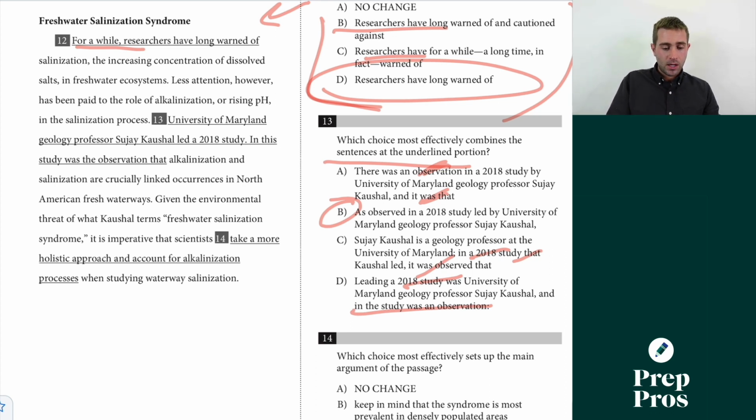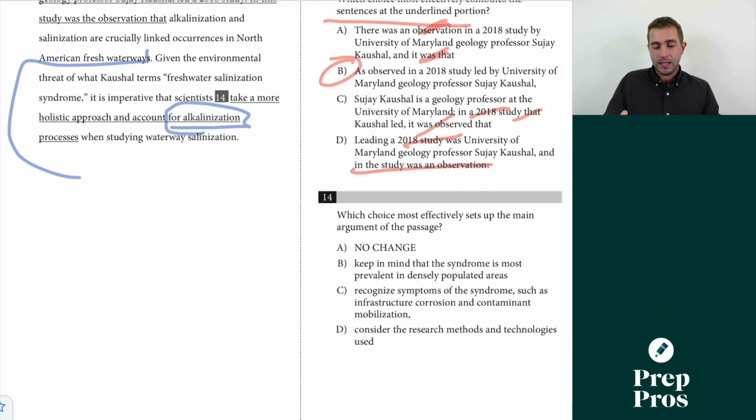So given the environmental threat of what Cauchy terms freshwater salinization syndrome, it is imperative that scientists blank when studying waterway salinization. We need to be considering these other factors. This is the main one. That's why A is correct here.